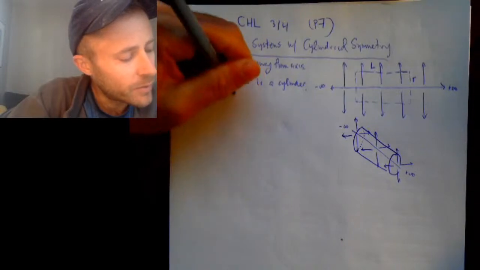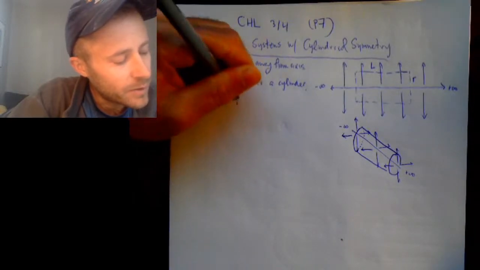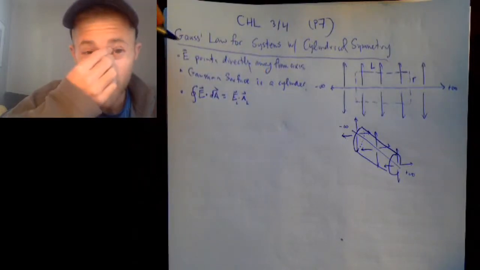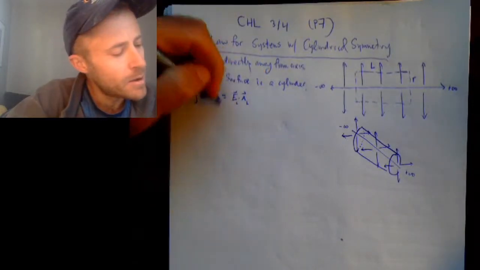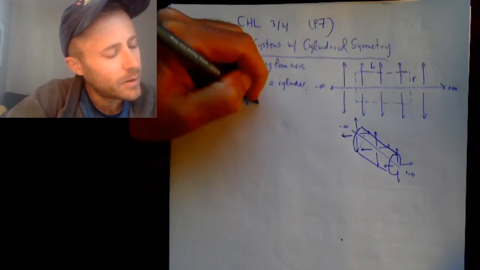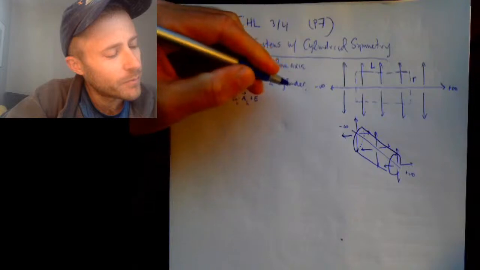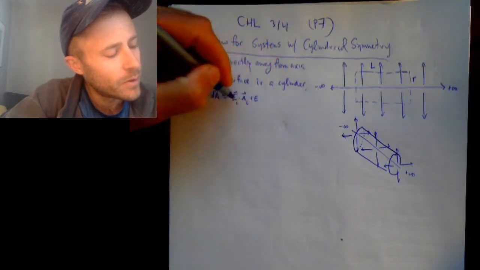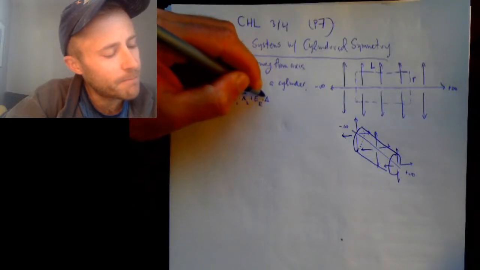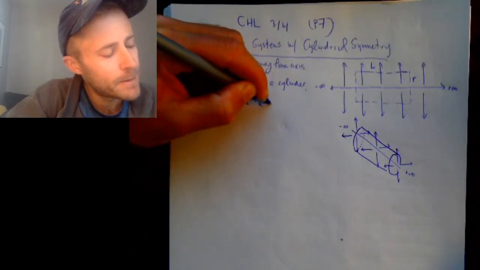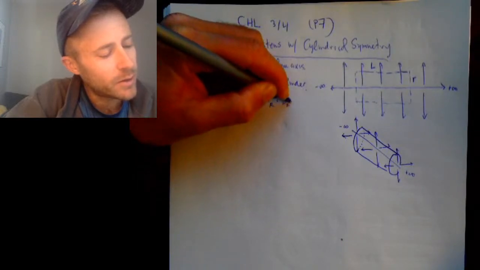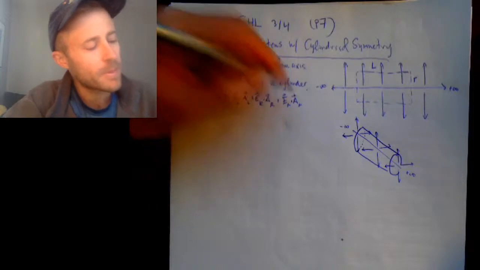So we have E left dot A left, E right dot A right, and E middle dot A middle.